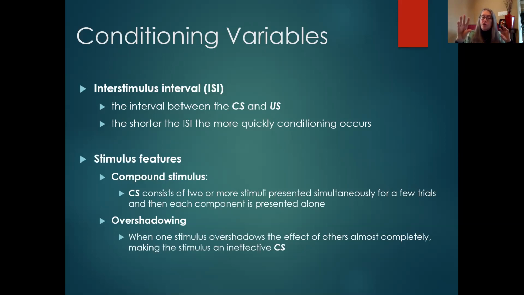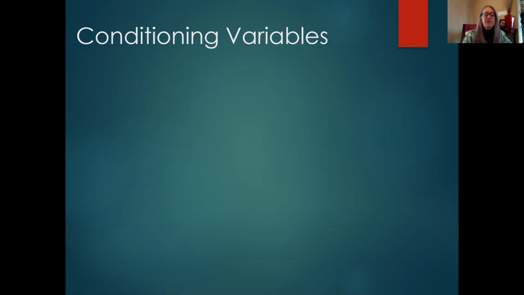So the stronger the US, in other words, the stronger the puff of air in your eye, the quicker you're going to make that pairing. Similarly, the stronger or more intense the CS, the louder that sound is, the more quickly you're going to learn the CS-US combination. So that's what we mean by stimulus features.